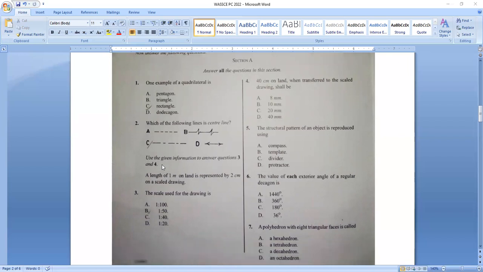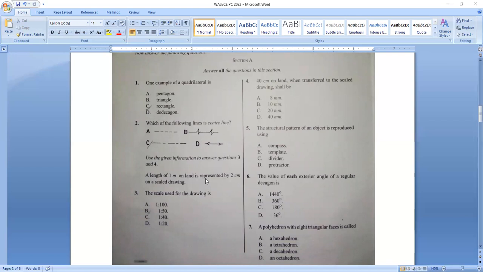And question 3, we have to use this information to answer question 3 and question 4. Question 3 says that the scale used for the drawing is 1:50. We have that a length of 1 meter on land is represented by 2 centimeters on a scale drawing.